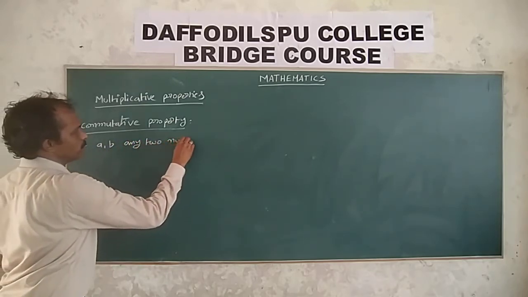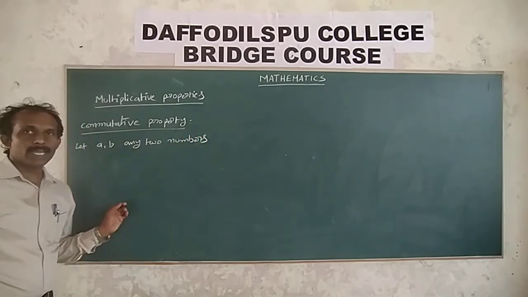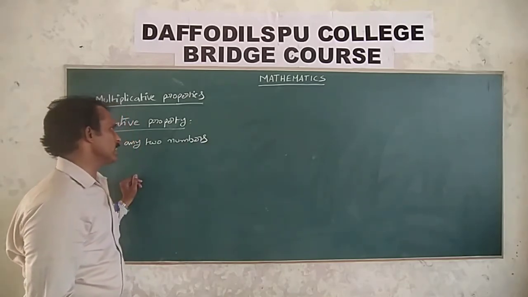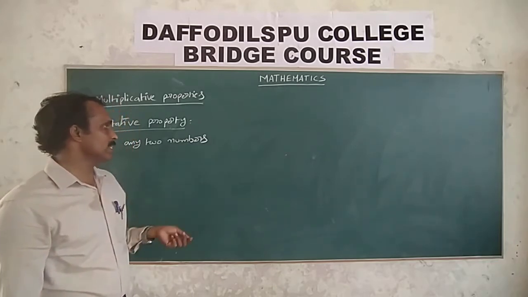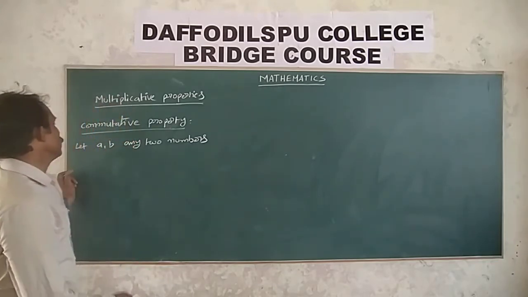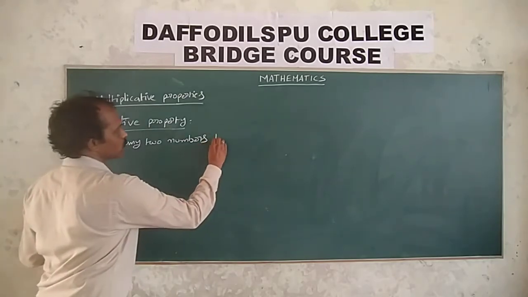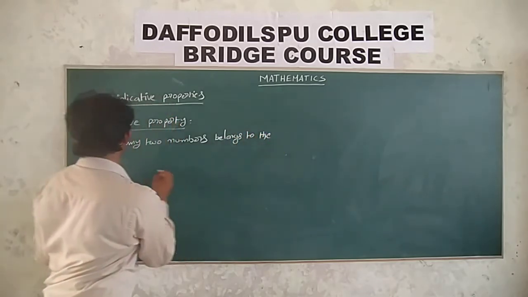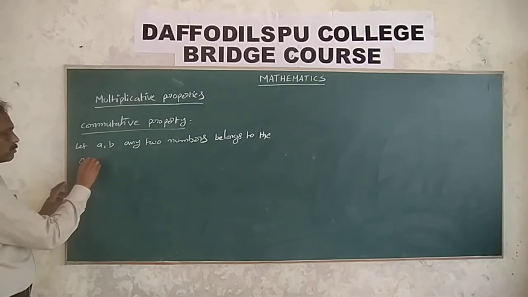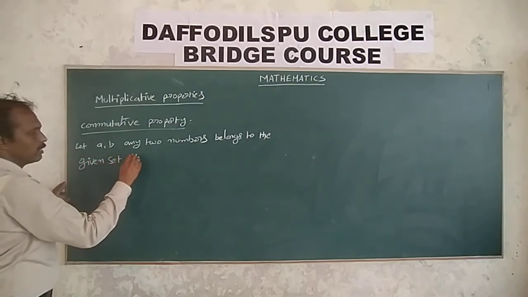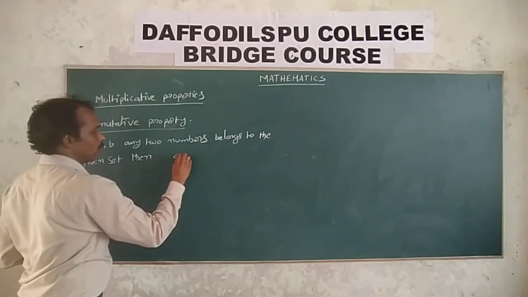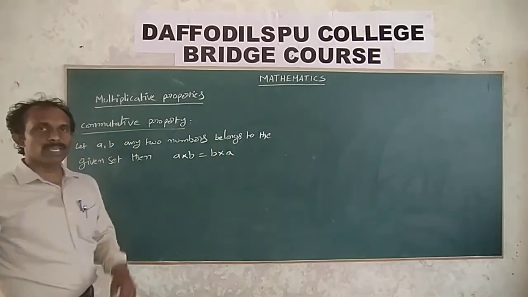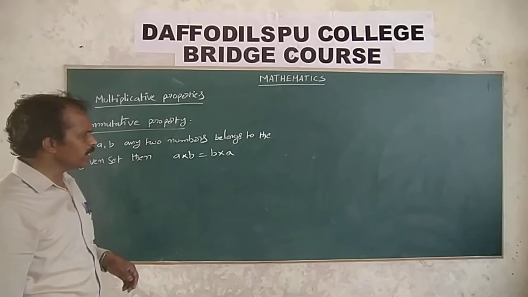Any two numbers A comma B given belong to the given set, either natural numbers, whole numbers, or integers, or anything. Then A into B is equal to B into A.